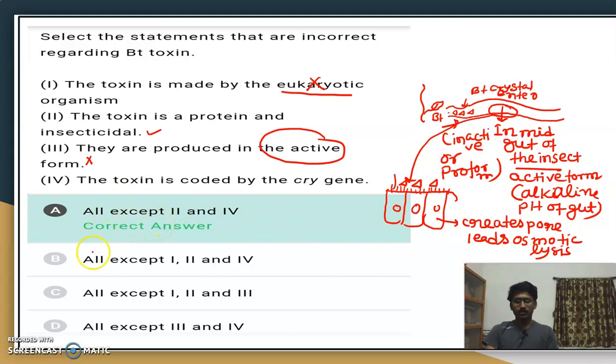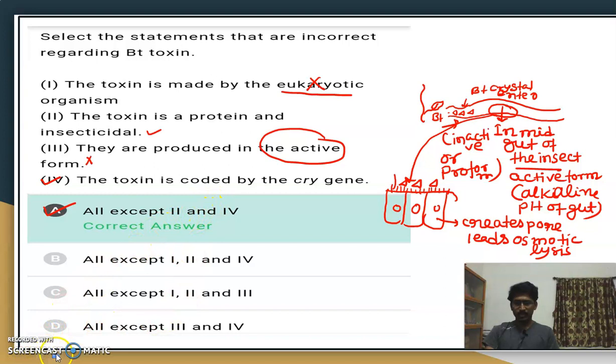So only option 2 and 4 are left. Option 4 says the toxin is encoded by the cry gene. Yes, the toxin is encoded by the cry gene, so 4 is correct. So 2 and 4 are the correct options. The answer is option A.